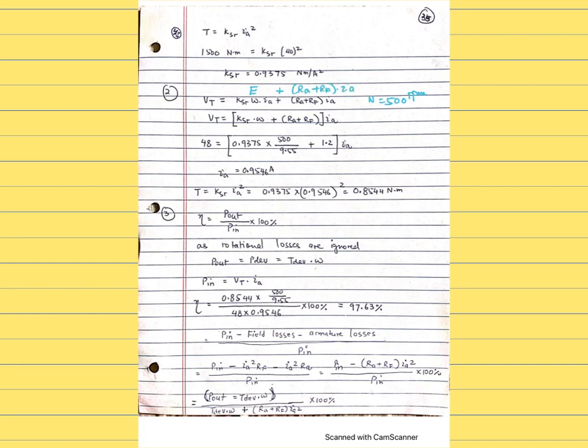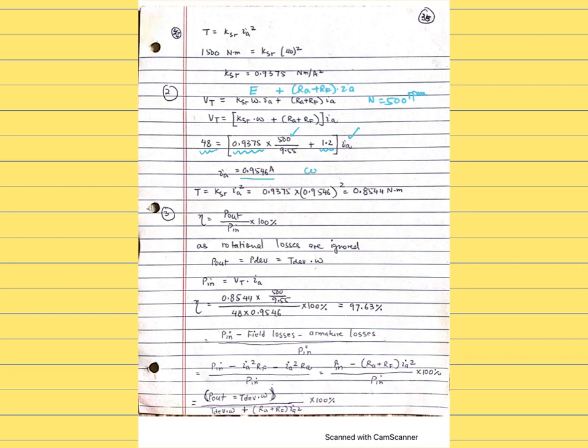E is KSR omega times Ia, and Ia we take common, which needs to be calculated. The series motor constant we calculated, 48 is the given supply voltage. That's the speed 500, that's the combined resistance 1.2. So we calculate Ia being 0.9546.